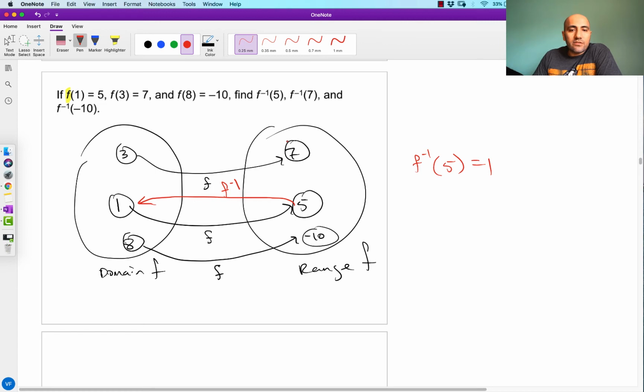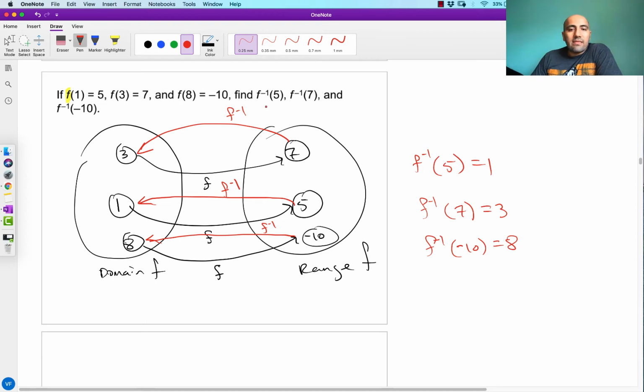And f inverse of 7, we go backwards here, must map me back to 3. And finally, f inverse of negative 10 should lead me back to 8.